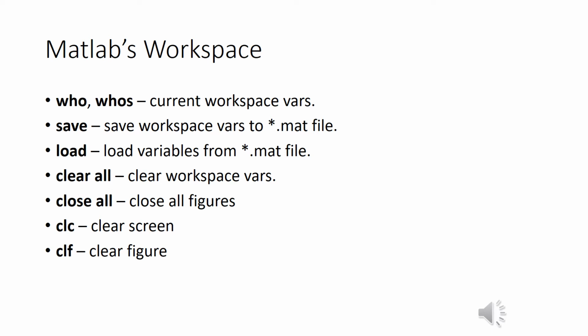Once you run your file or run a command, the variables go in the workspace. If you do not want to hold all those variables in memory, then you can clear the workspace, and for this you have the command clear all.